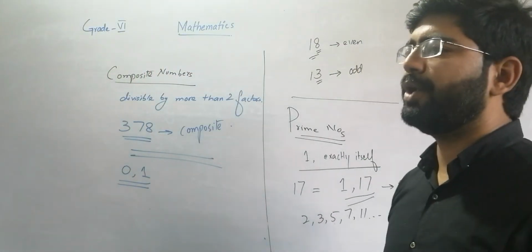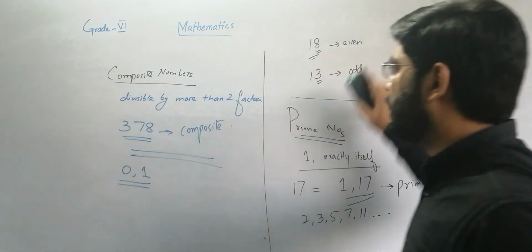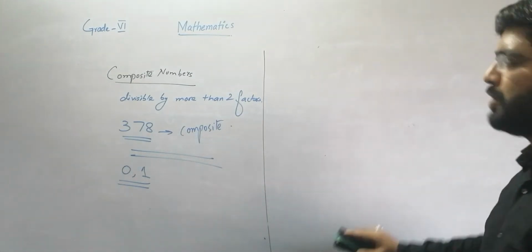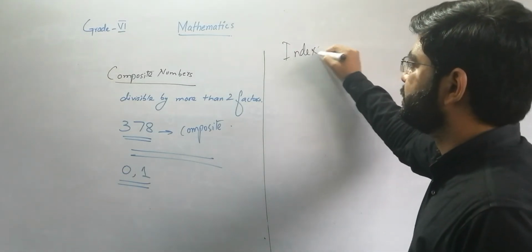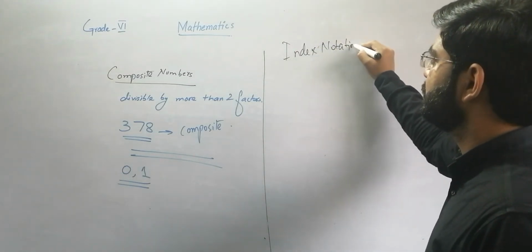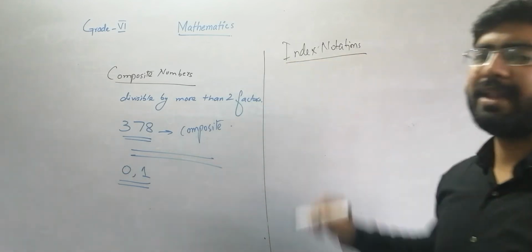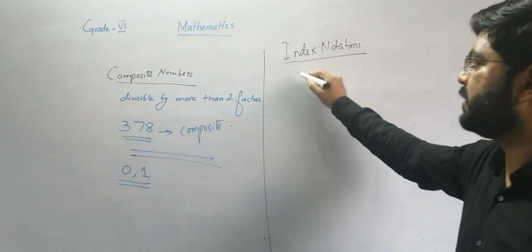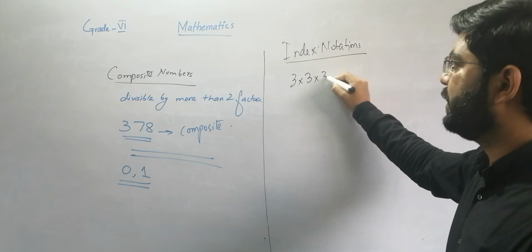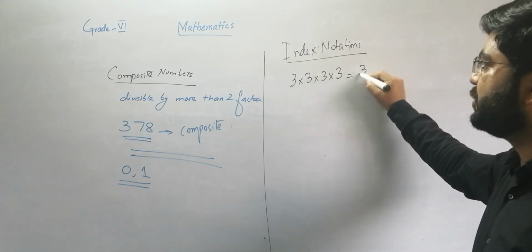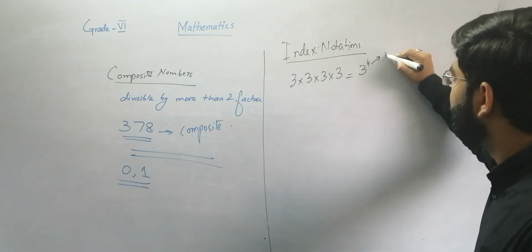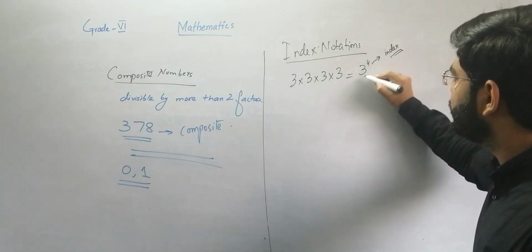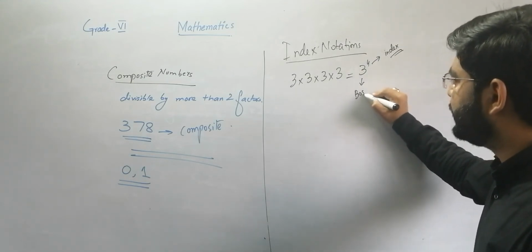After this, we are going to have a discussion on what index notations are. When a number is multiplied many times, for example, 3 is multiplied 4 times, it can be written as 3 raised to power 4. That 4 is called the index of base 3.